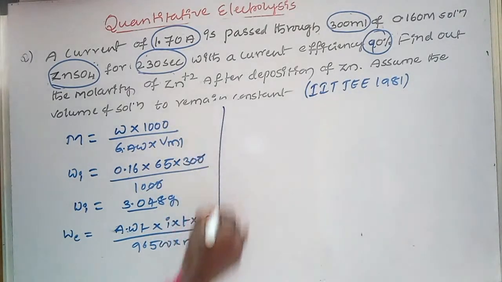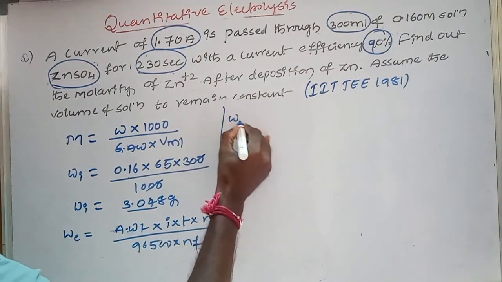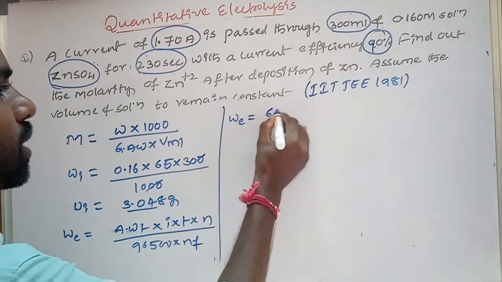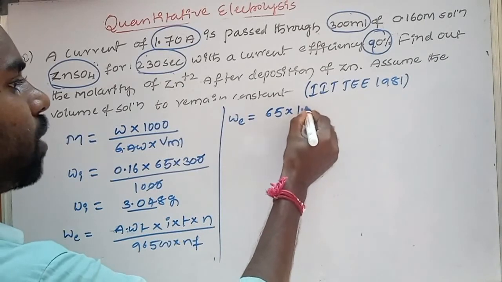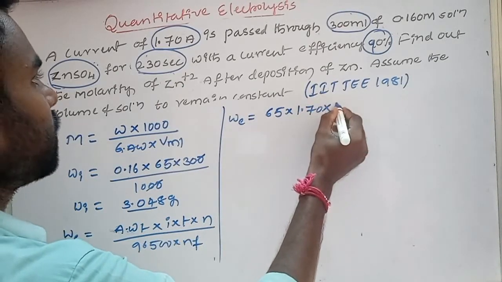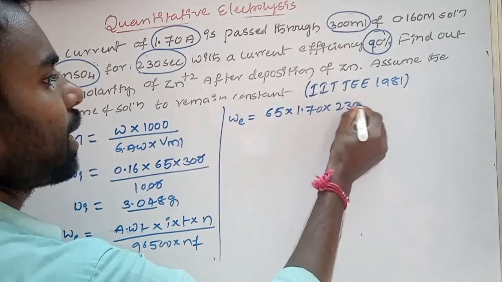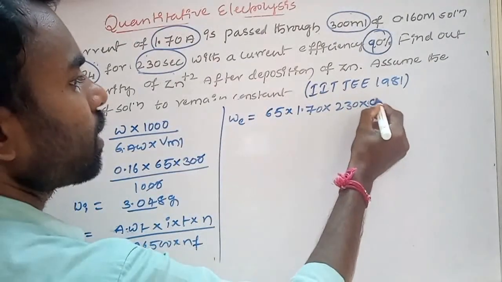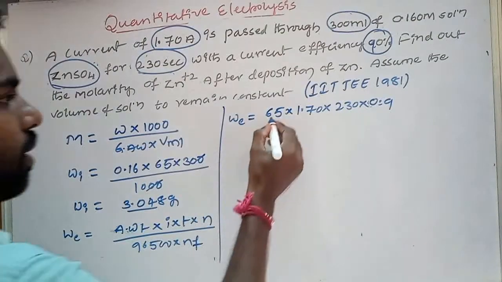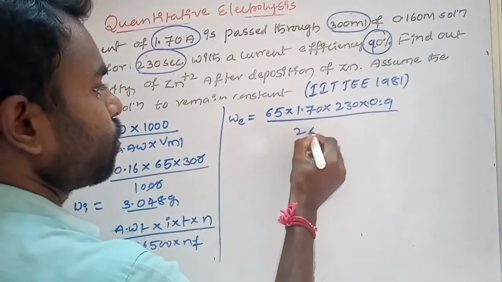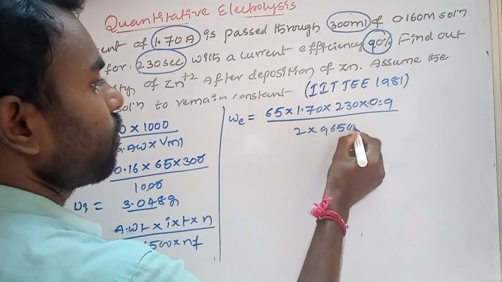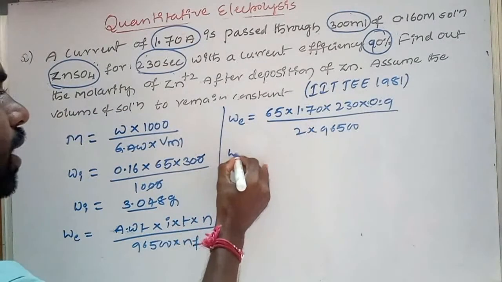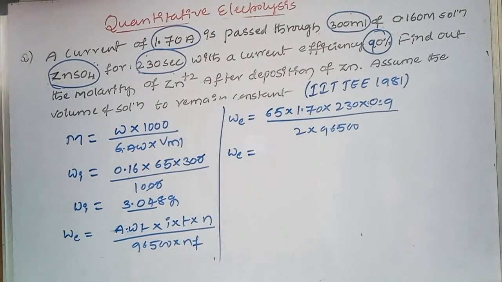So the weight of zinc deposited on the electrode: atomic weight 65 into I equals 1.70 into 230 seconds into current efficiency 90%, which I directly take as 0.9, by 2 into 96,500.